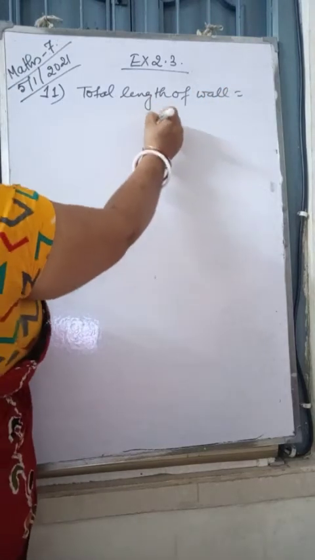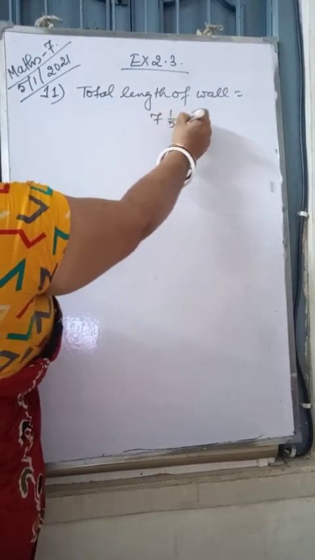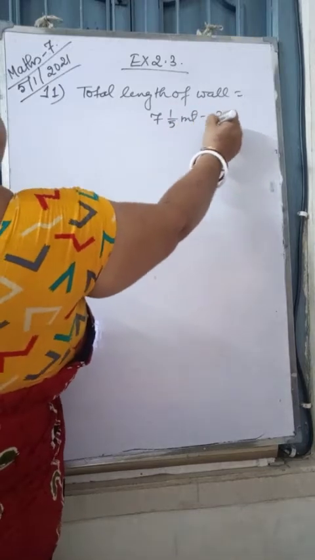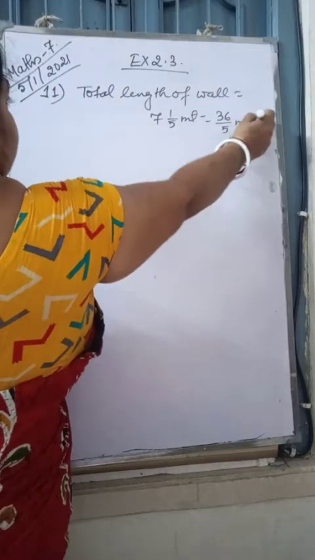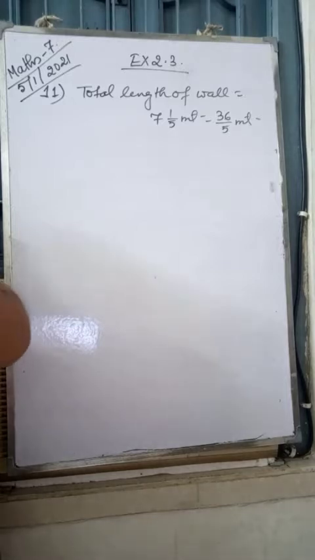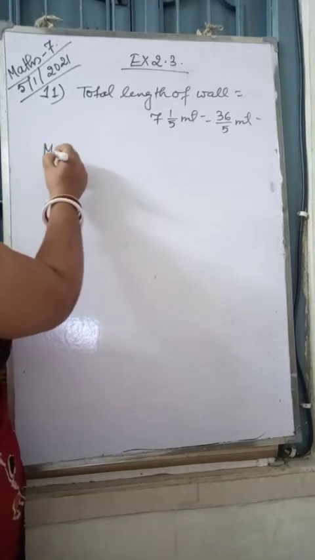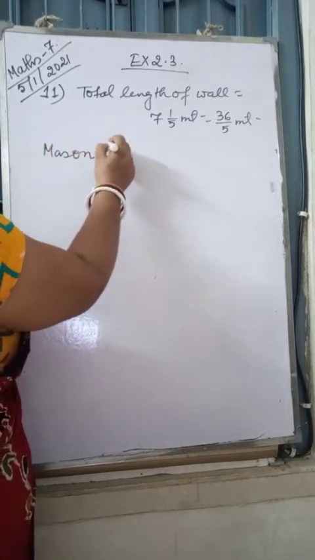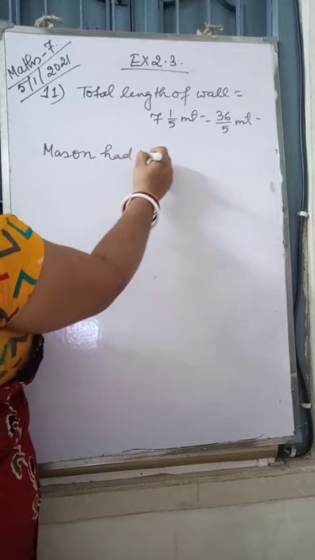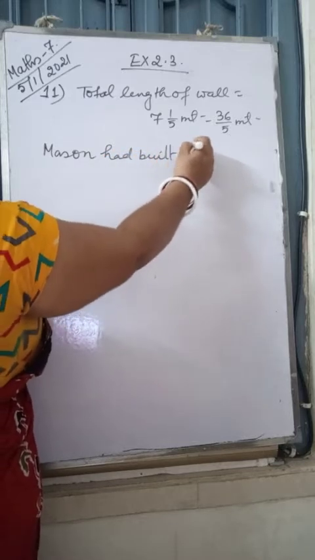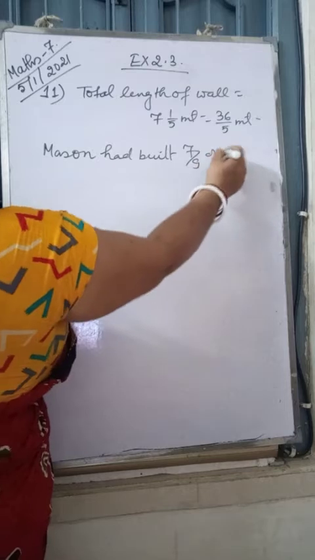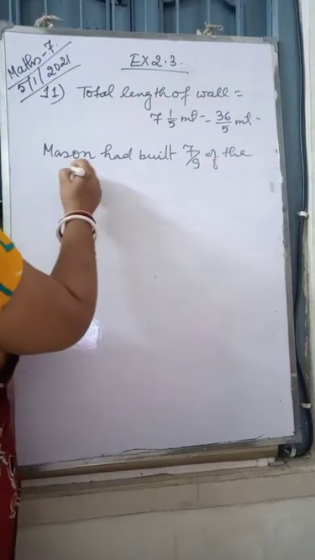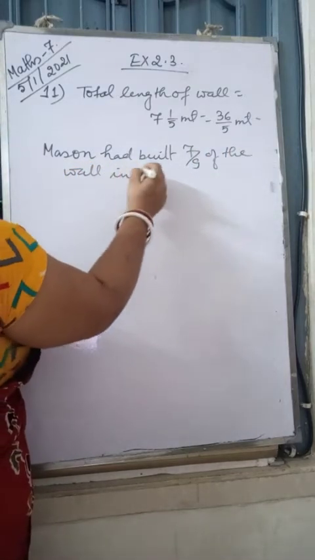They have given 7 whole 1 by 5 meter or 36 by 5 meter. The mason had built 7 by 9 of the wall in one day.